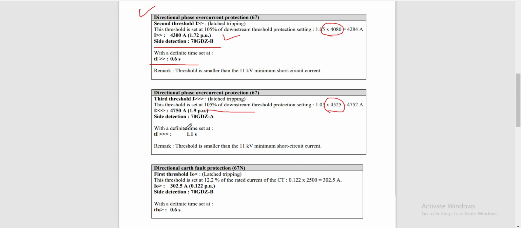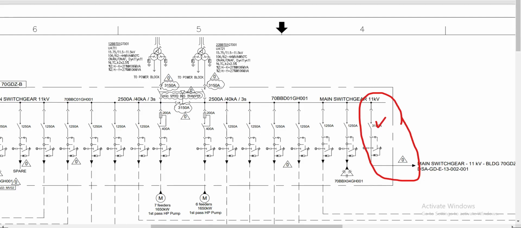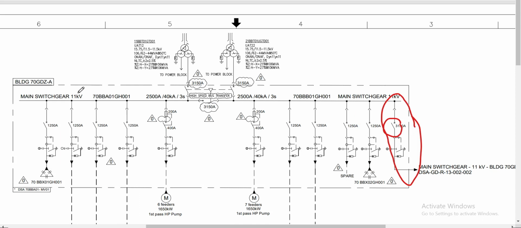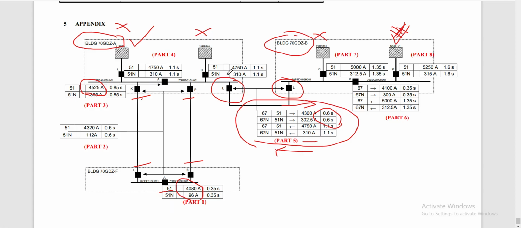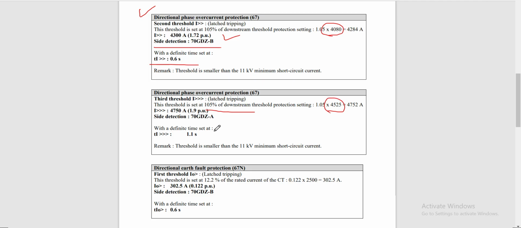So the side detection here is coming from this building A. This is the side protection, this side from here. Okay, so this is for the third threshold and this is for the second threshold, with a definite time set at 1.1 second.